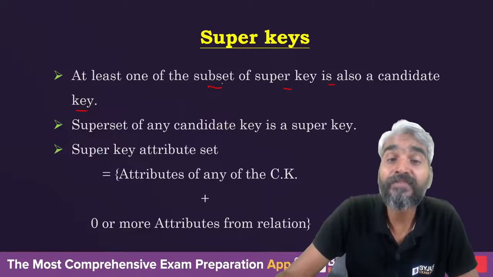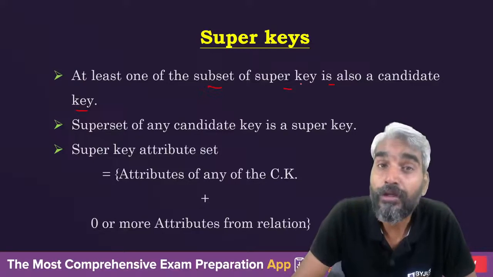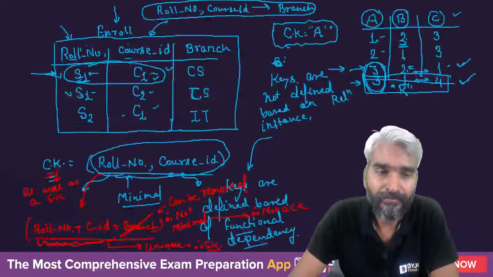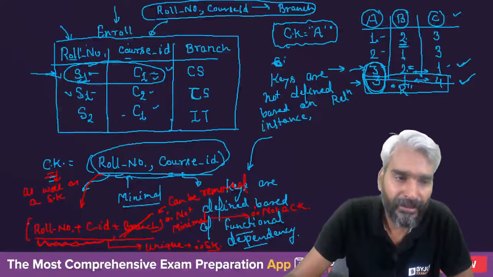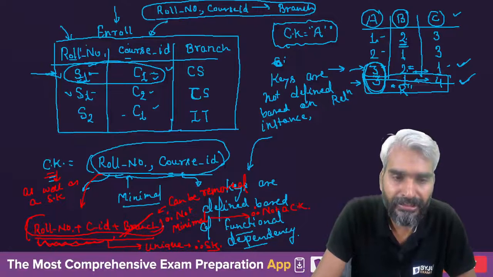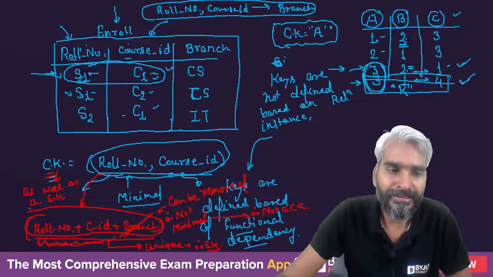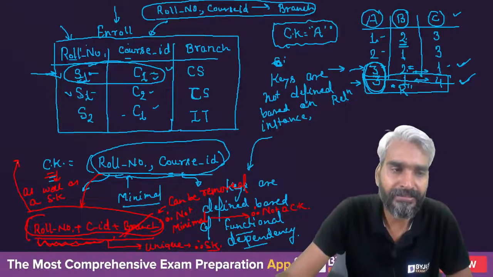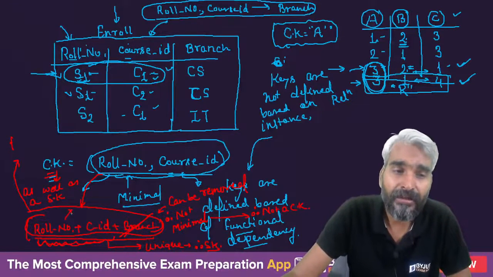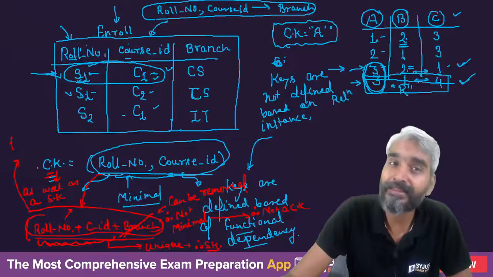At least one of the subsets of a super key is also a candidate key. You can see here, is roll number, course ID and branch a super key? There are how many subsets of this set? 2 raised to power 3, that is 8 subsets.